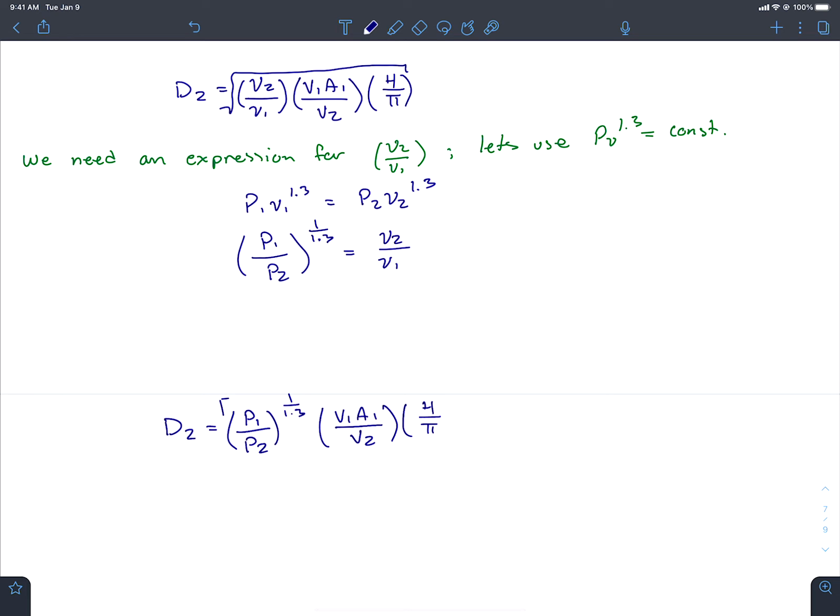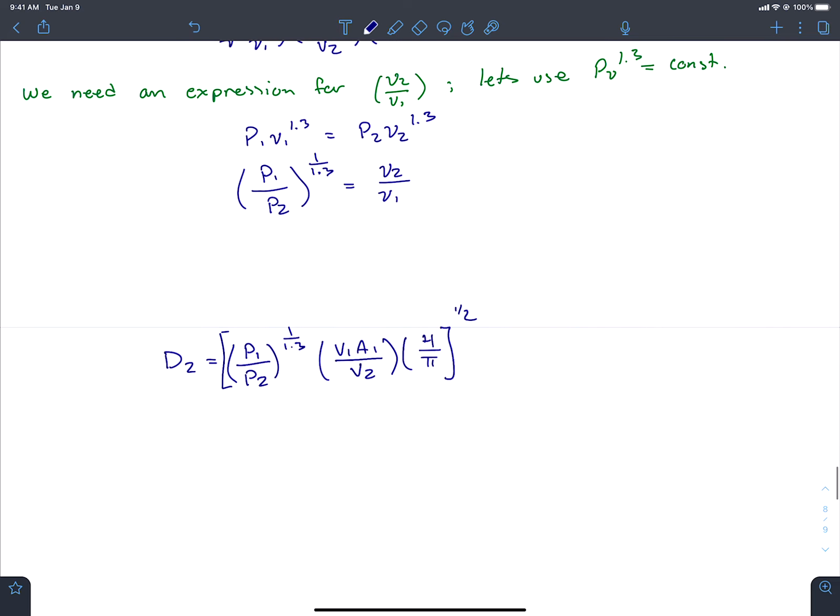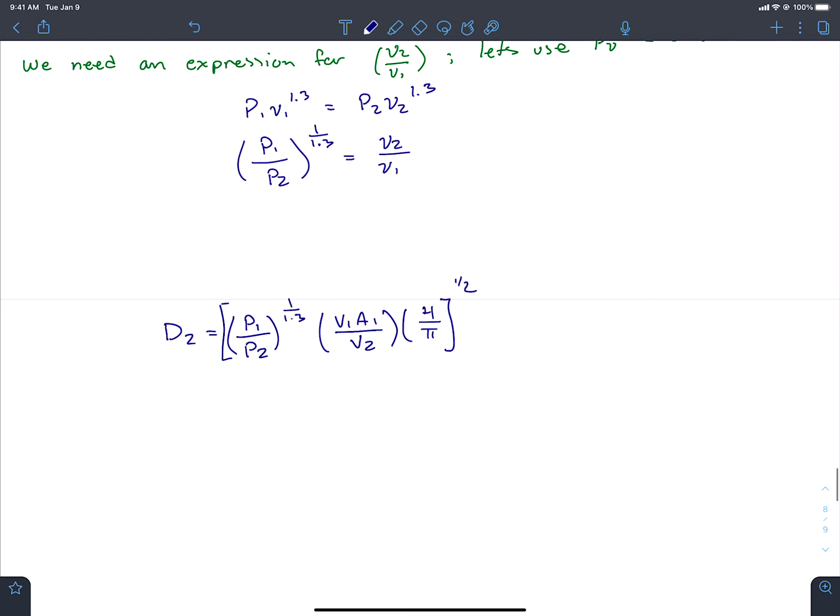And I'm just going to do this to the 1/2 since it's easier to write, which is the same thing as the square root, for those of you who do not know. So now we just plug everything back in. So 1 bar for P1 over 10 bar for P2, to the 1/1.3. Sorry if I kept saying 1/3.